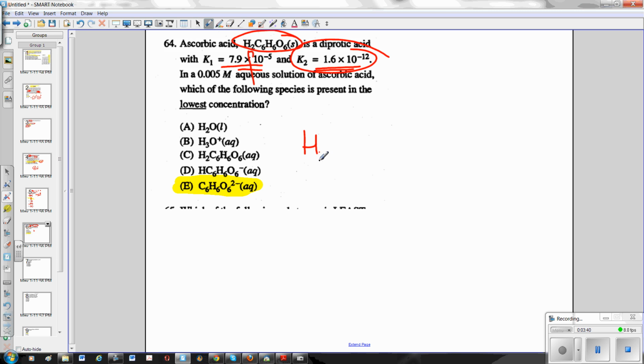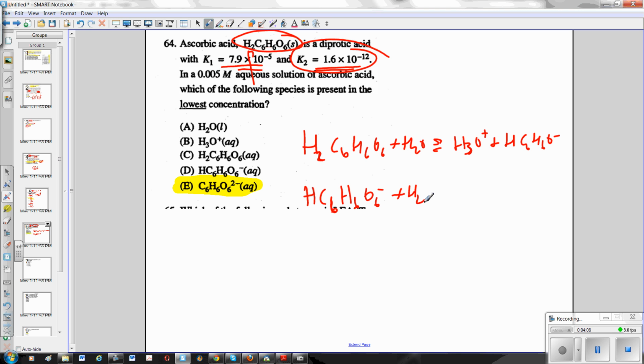So really you would go H2C6H6O6 reacting with water, and you would produce H3O+ and HC6H6O6-. Then HC6H6O6- would react with water again, and it would also produce H3O+ and C6H6O6 2-.